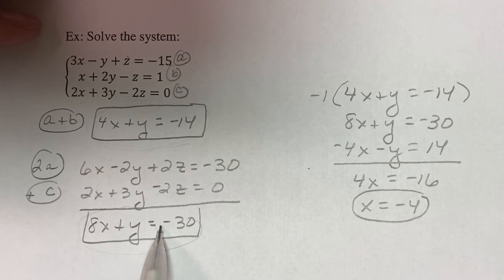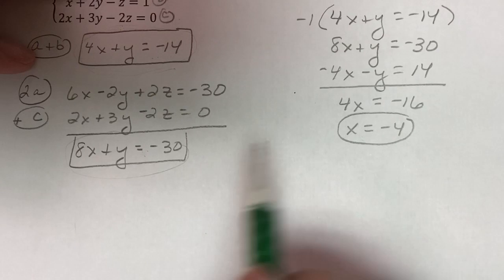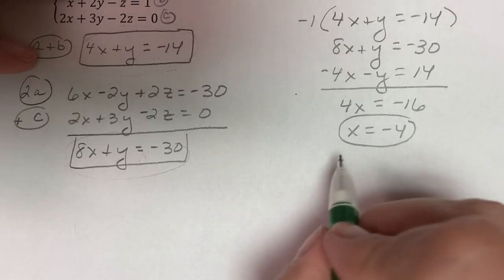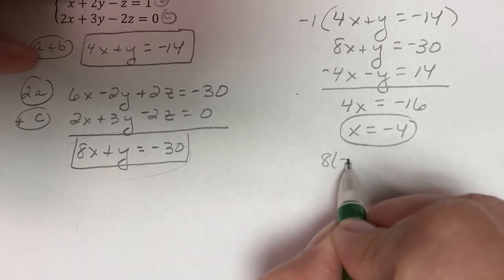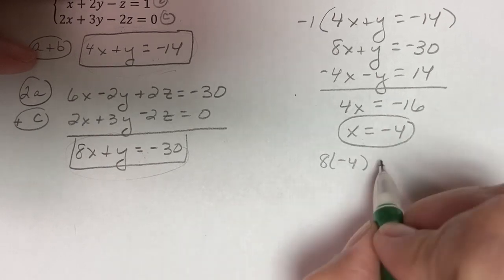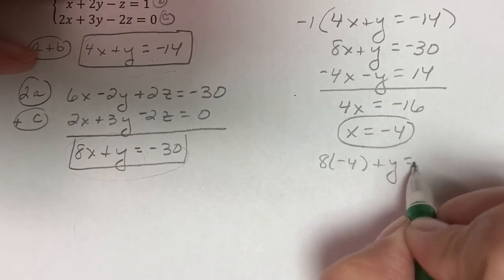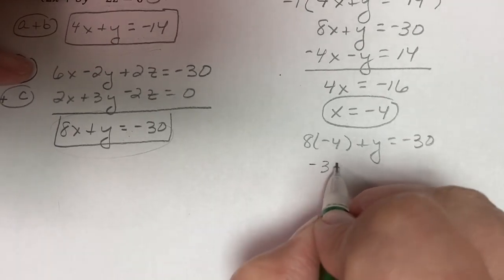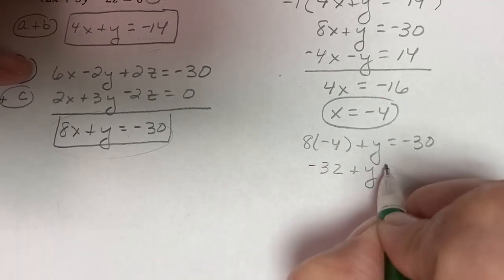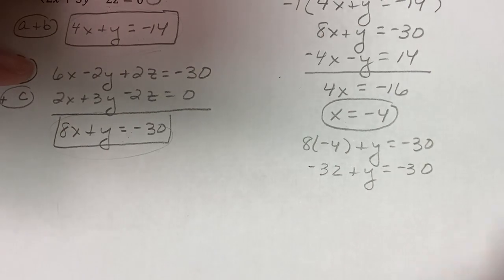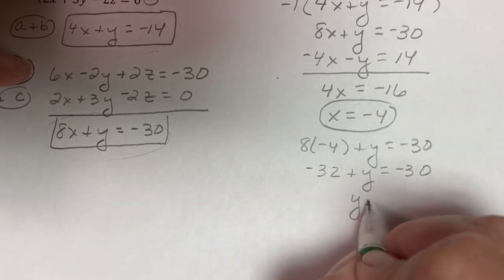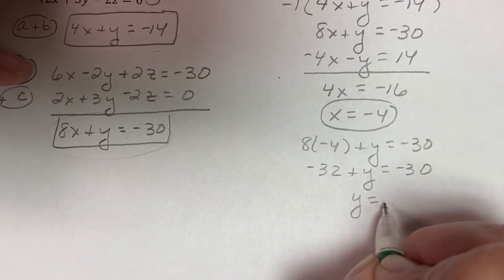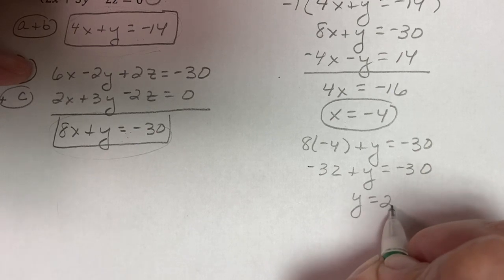It doesn't matter which one. I'm just going to go into this one. So 8 times negative 4, because I just have my x, plus y equals negative 30. Negative 32 plus y equals negative 30. And if I add 32, you can see that I'm going to get a positive 2.